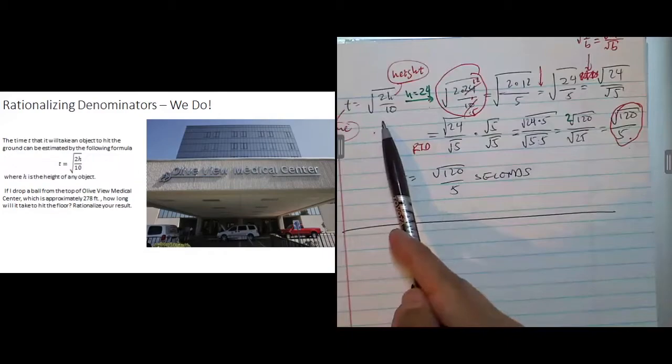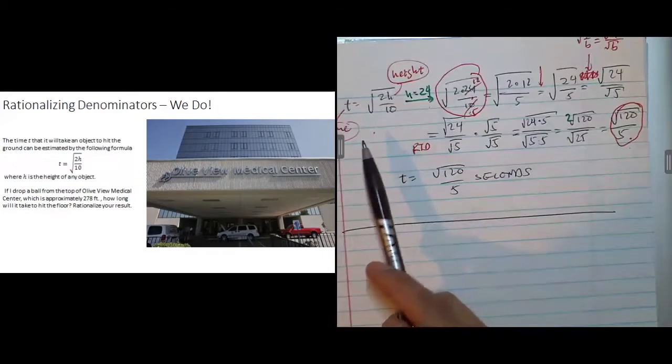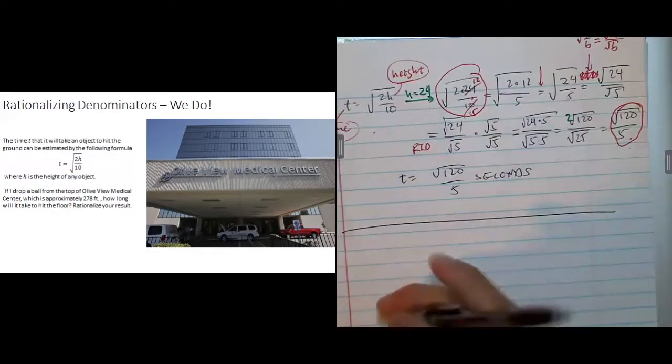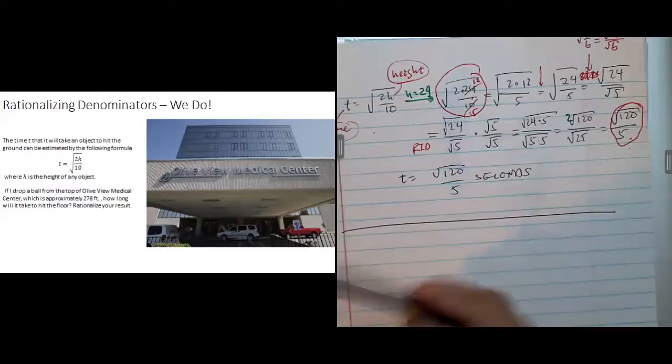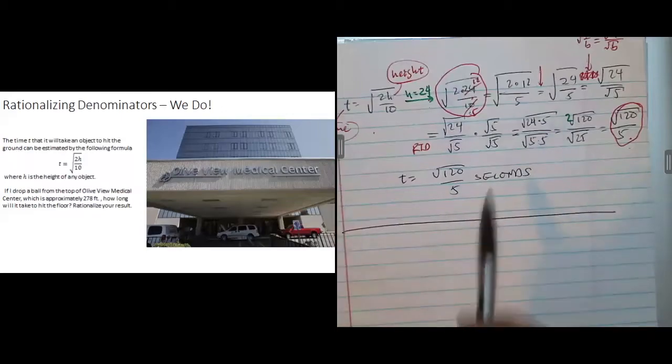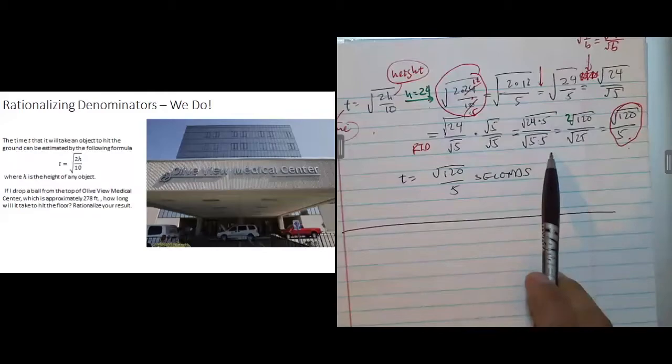If I drop a ball from the top of Olive View Medical Center, which is approximately 278 feet, I Googled it, how long will it take to hit the floor? Rationalize your results, just like we did here.